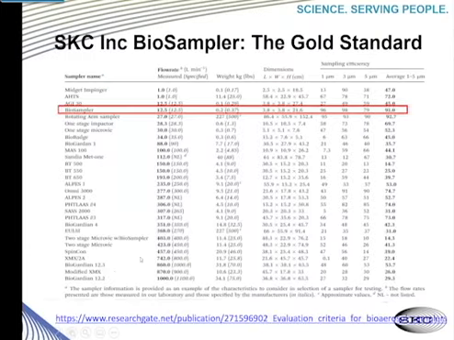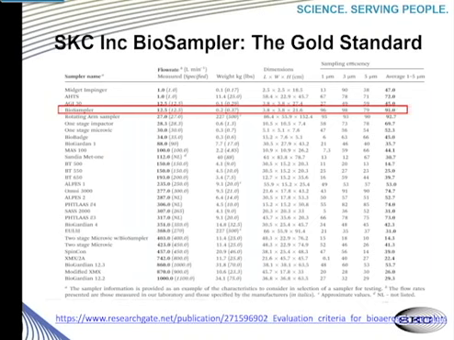All right, this is a chart from a paper from Environmental Science: Processes and Impacts, titled the evaluation criteria for bioaerosol samplers. They evaluated different types of samplers for bioaerosol sampling.